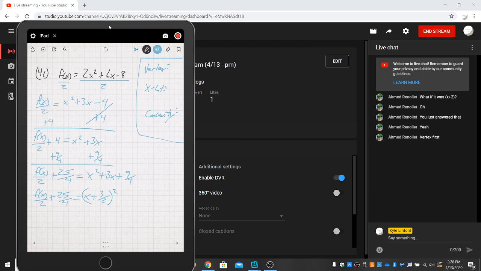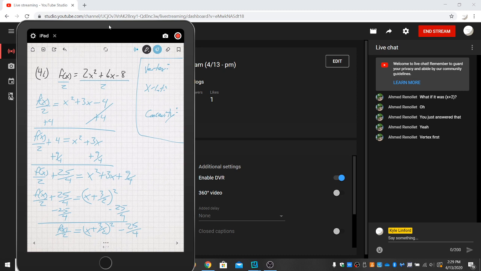And then I can subtract 25/4 from both sides. And we'll end up with f of x over 2 is equaling x plus 3/2 squared minus 25 over 4.